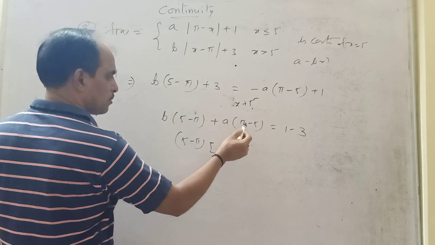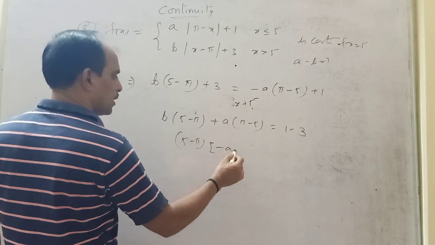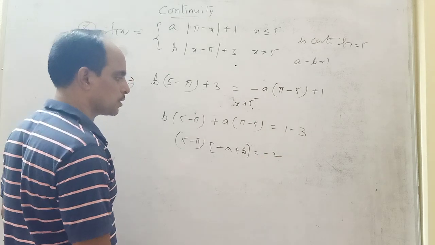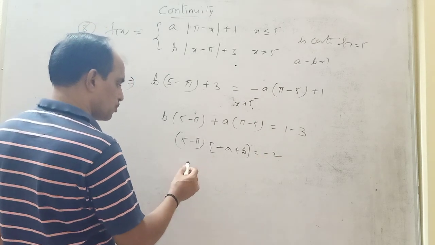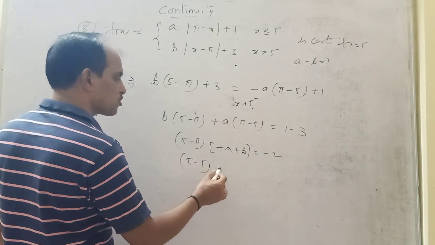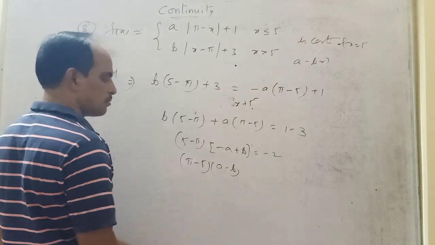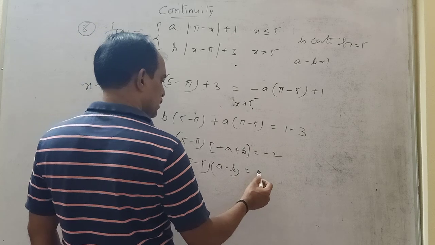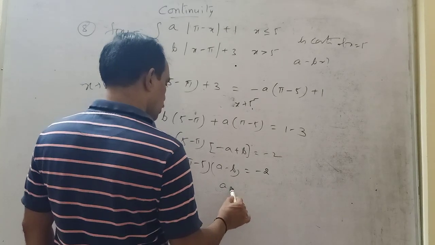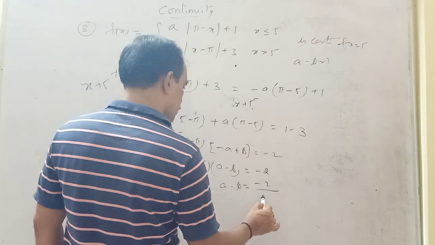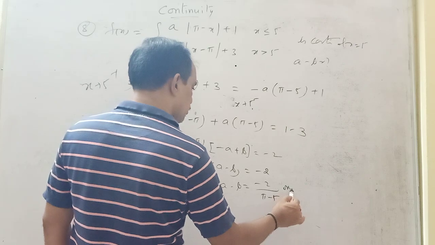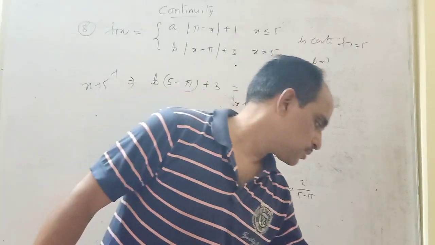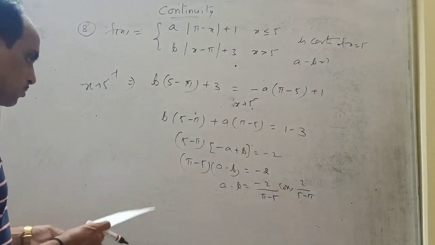So it is minus a, and here is plus b, is equal to minus 2. Okay, now we can write here pi minus 5 of a minus b, taking minus as common, and here is minus common, so that is minus 2. Now a minus b is equal to minus 2 by pi minus 5, or 2 by 5 minus pi. Okay, so that will be the answer for that question.